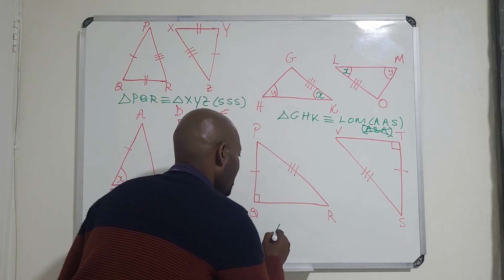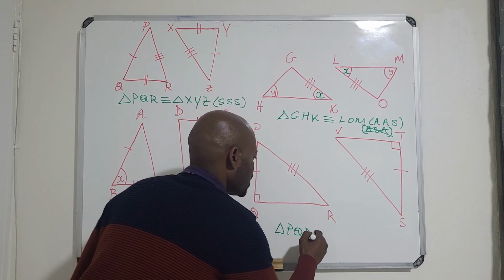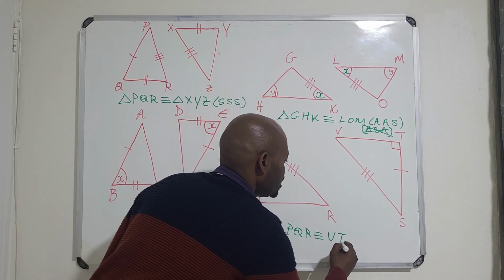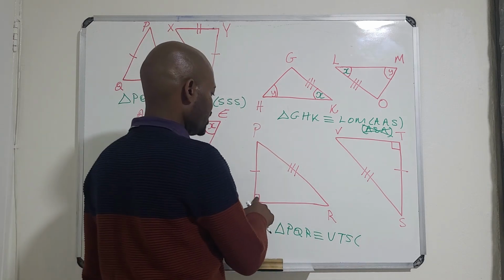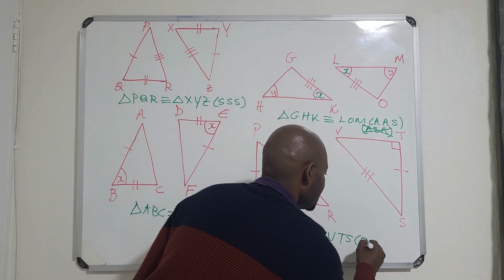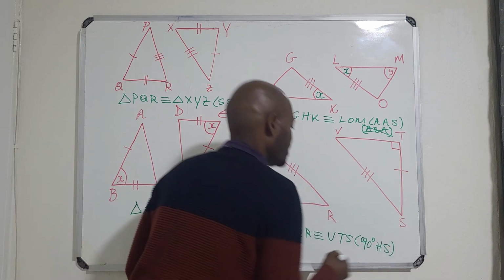Therefore, triangle PQR is congruent to triangle VTS. The reason is 90 degrees, hypotenuse, side.